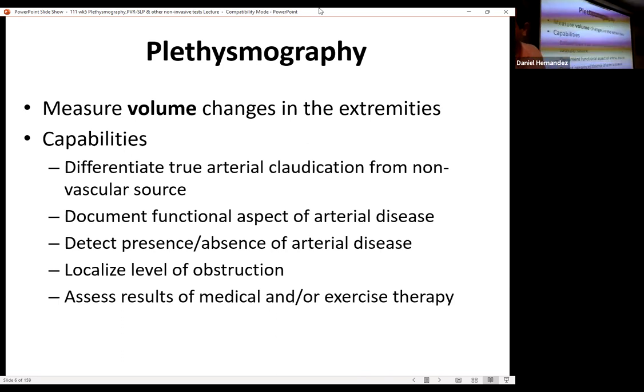So again, plethysmography measures volume changes in the extremities.